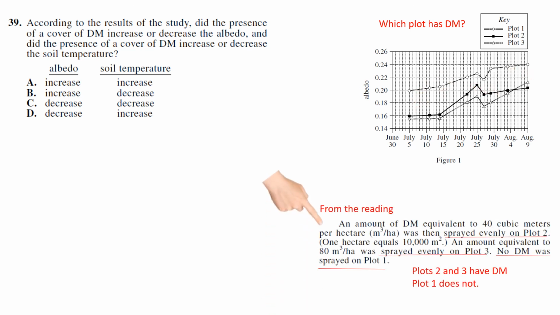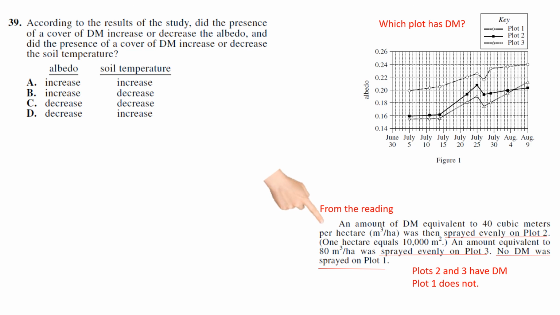So you have to find from the reading, and it says an amount of drilling mud equivalent to 40 cubic meters per hectare was sprayed evenly on plot 2. An equivalent was sprayed on plot 3. No drilling mud was sprayed on plot 1. So plot 1 is the control. So plot 1 does not have any.